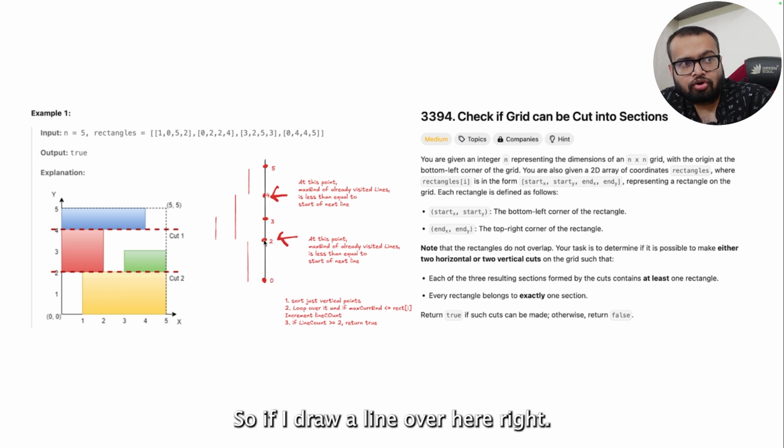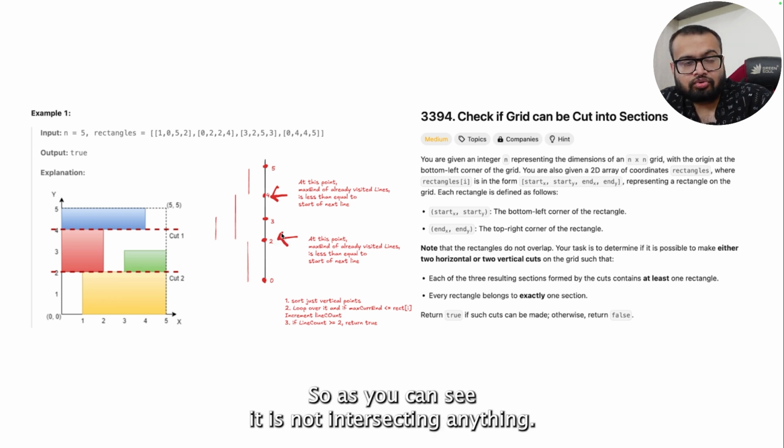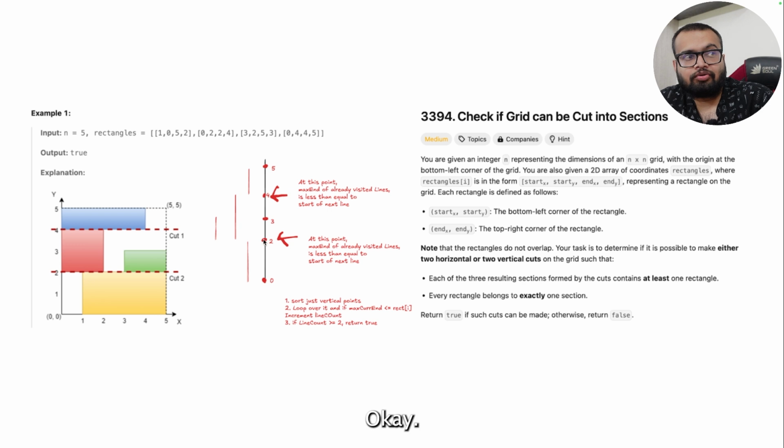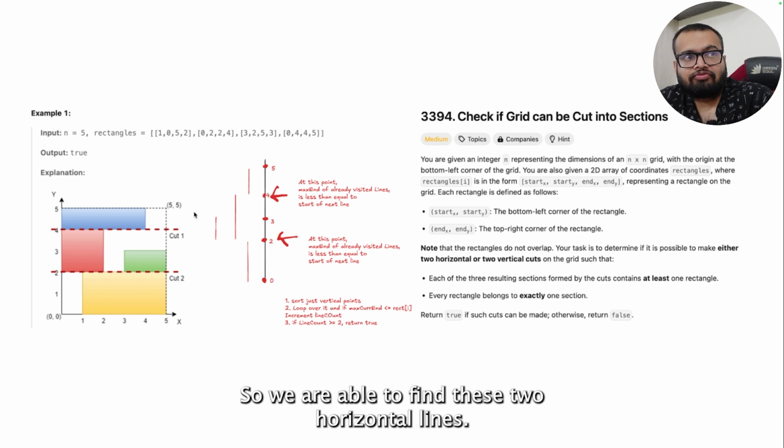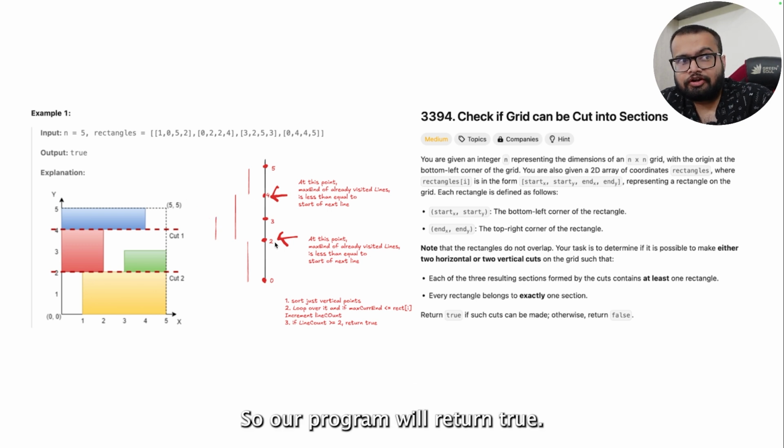If I draw a line over here, as you can see, it is not intersecting anything. If I draw a line over here, it is not intersecting any of these lines. So we are able to find these two horizontal lines, so our program will return true.